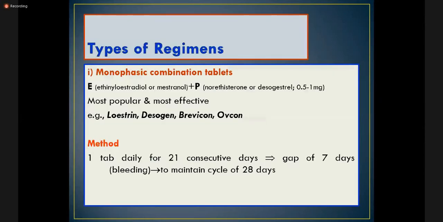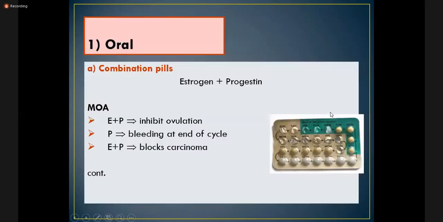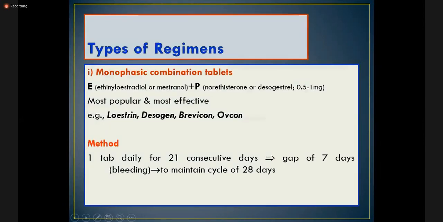Types of regimen. Normally in our setup, we are using monophasic combination tablets, right? Here you can see this is the normal strip, and if you are interested in going into detail, you can check it yourself by checking the strip in your hand. Monophasic combination tablets.